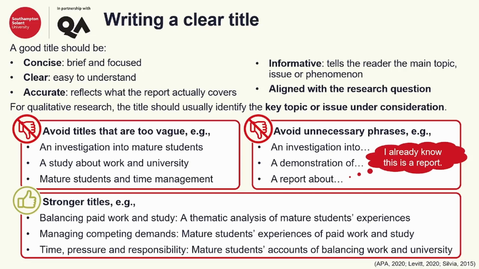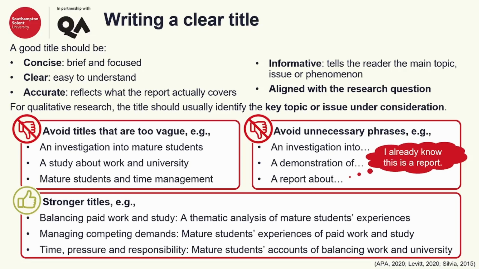Removing these unnecessary phrases gives you more space to describe the actual subjects of the research. So consider the stronger example, like "Balancing paid work and study: a thematic analysis of mature student experiences."